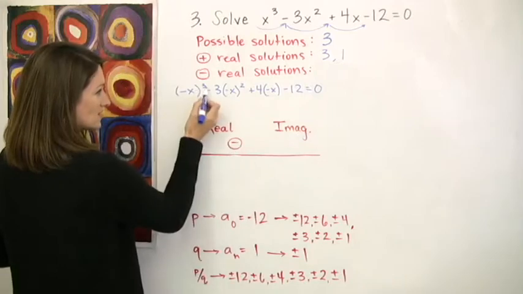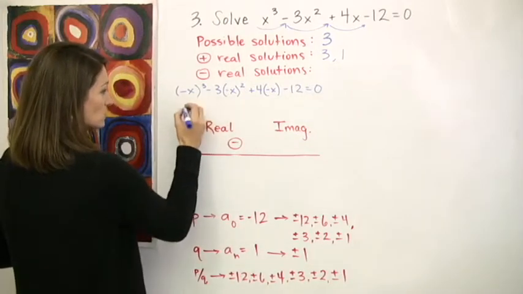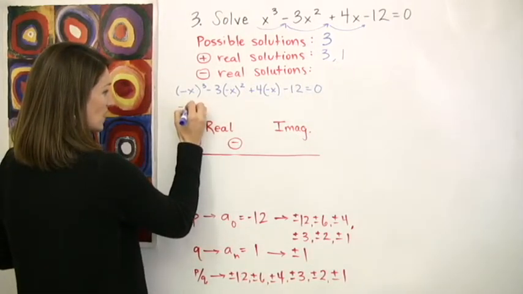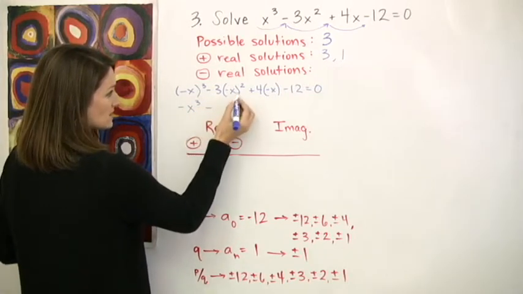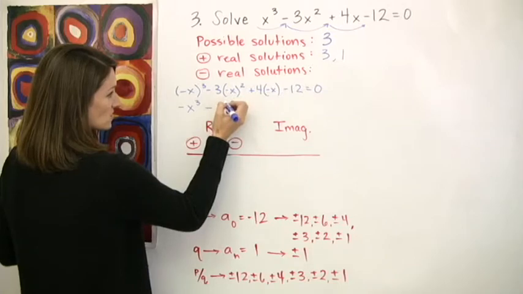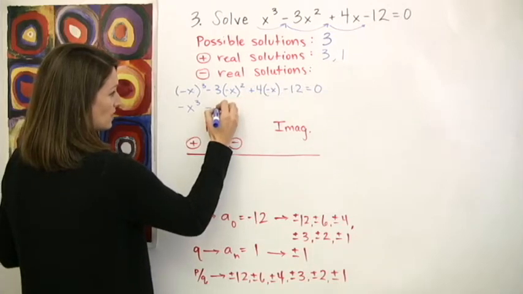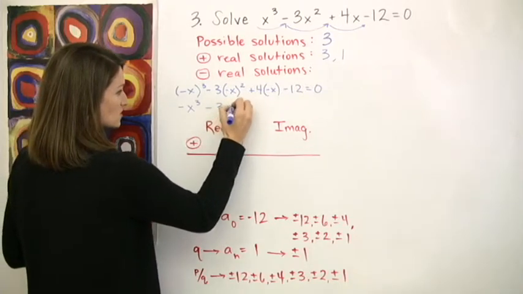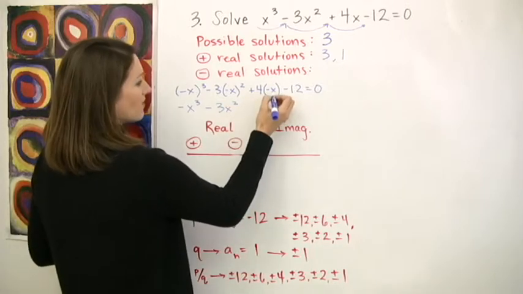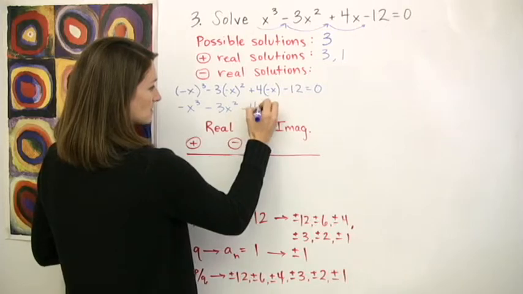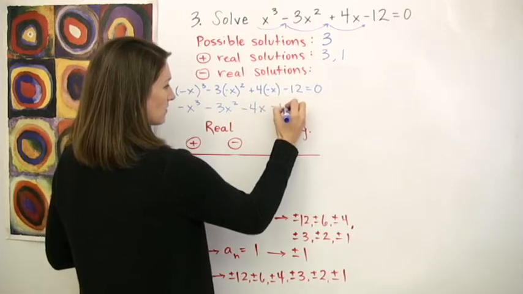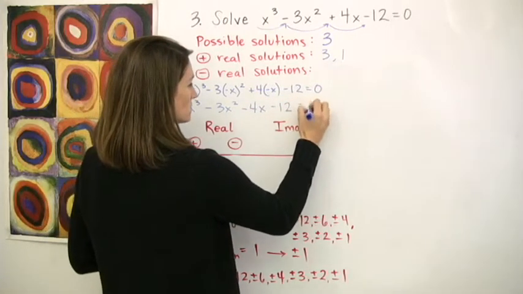Simplifying this, this is an odd power, so this is going to change the sign to negative x to the 3rd. Minus, here we have an even power, so this sign doesn't change. We have subtracting 3x squared. And then here we have an odd power, so this changes to negative 4x. And then the rest of it is minus 12 equals 0.